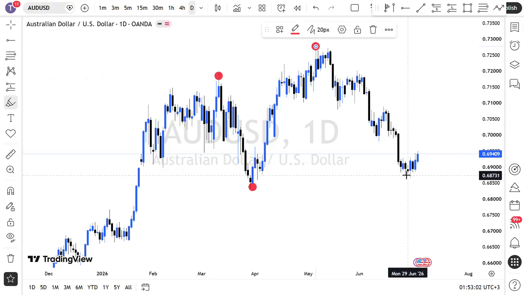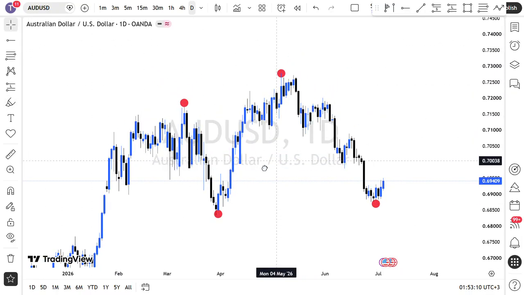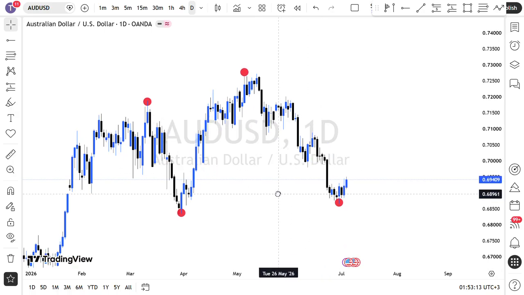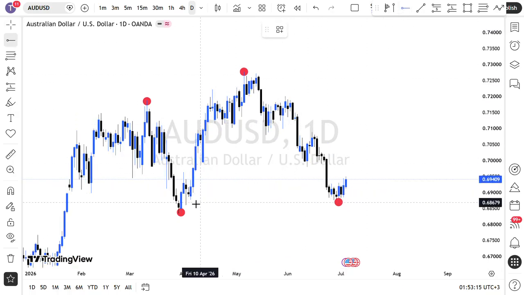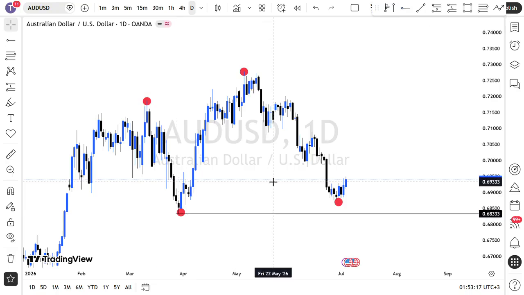If the market respects this low, we expect it to form the low and then move up to form a new break of structure. At the moment, if price respects this low, we expect the market to target this external liquidity.